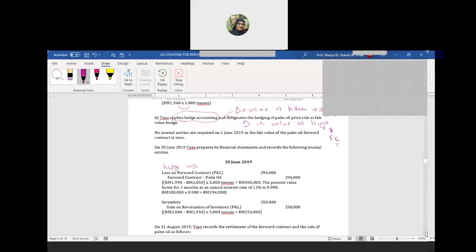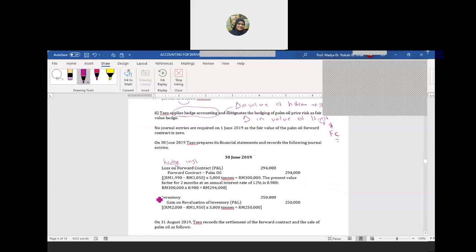And then the next journal entry, you prepare for the hedged item. The hedged item is related to your palm oil inventory, so you need to refer to the spot price of palm oil.